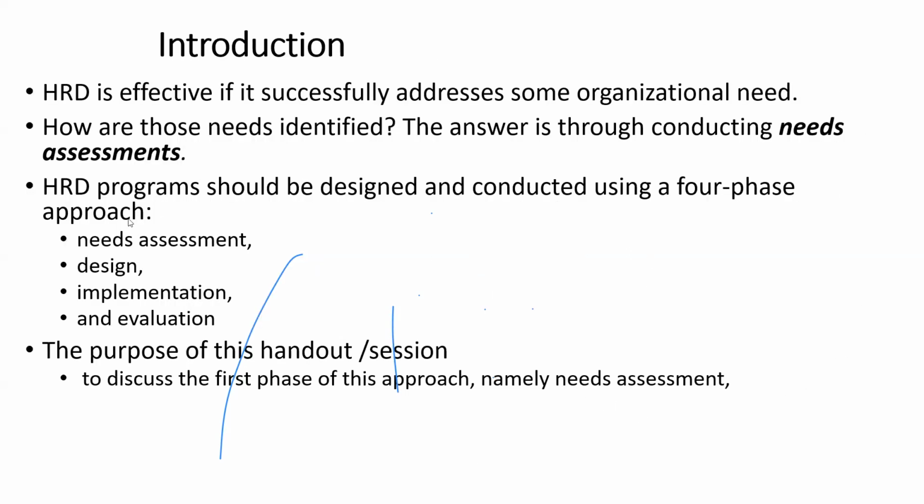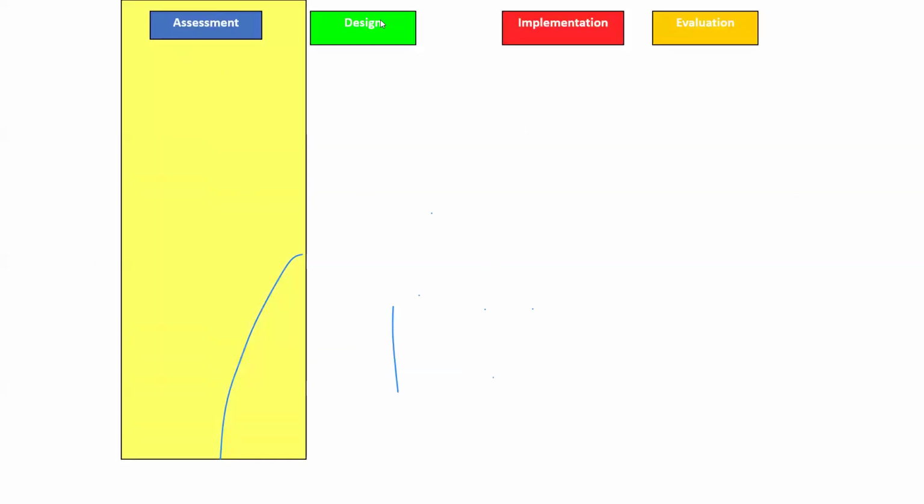HRD programs are conducted based on these four stages. The purpose of this lesson is to discuss the first phase, that is the first stage, the need assessment part. This is the one we are going to discuss.